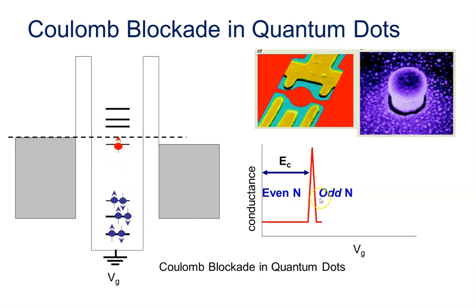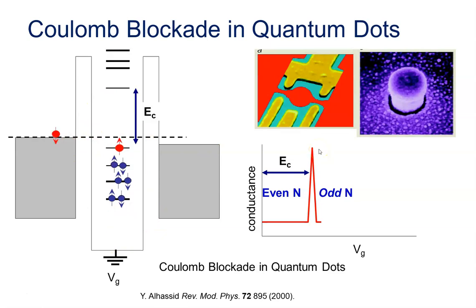So you can keep doing that and going from an even number of electrons in the dot to an odd number of electrons and so on. But if you have an odd number of electrons, then what you have is essentially a magnetic moment here. And that's where the Kondo effect takes place.